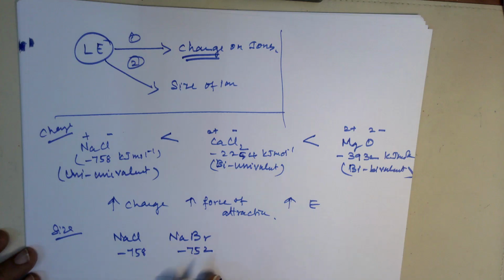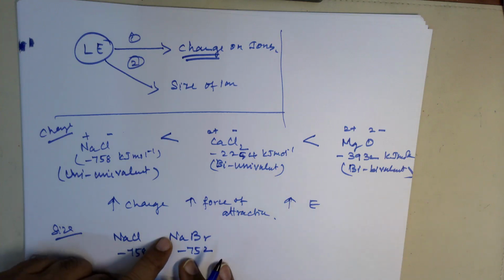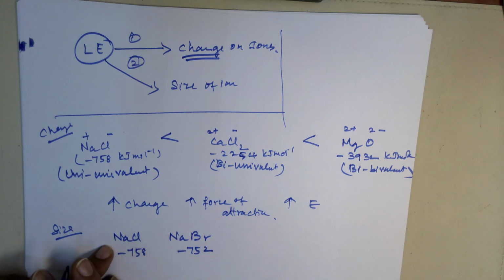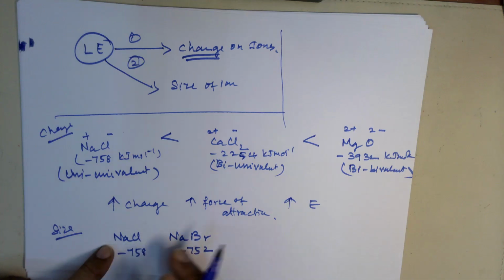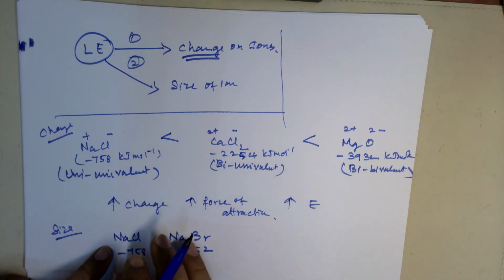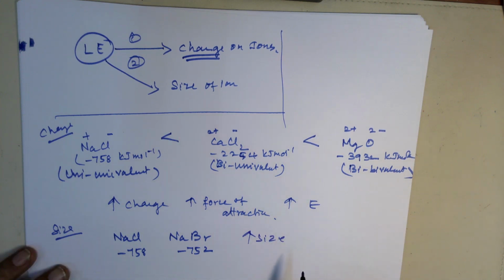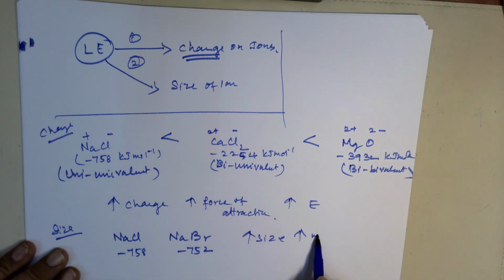It means bromine has a higher atomic size compared to chlorine. Of course, sodium is common here. So the size of the anion is bigger. So take down: larger the size of the ions, larger is the internuclear distance.